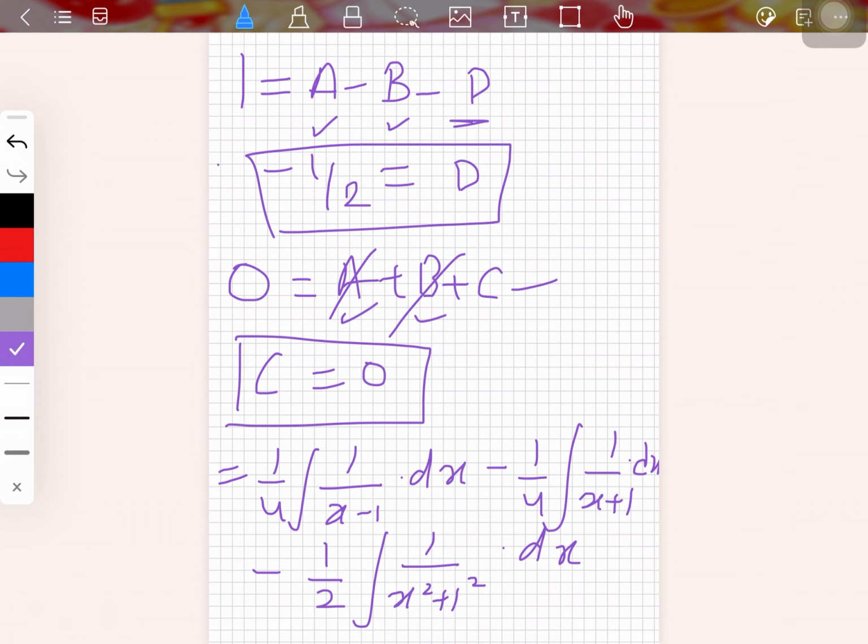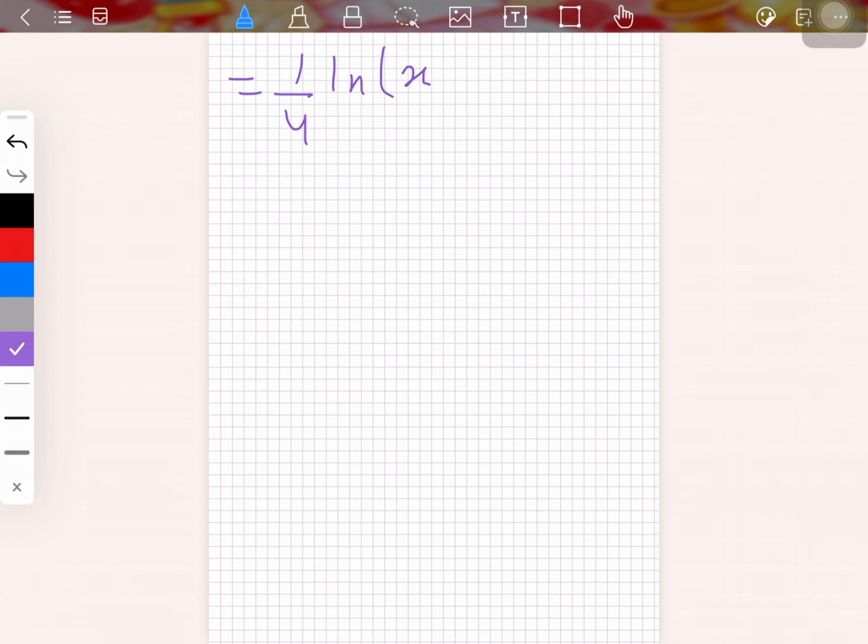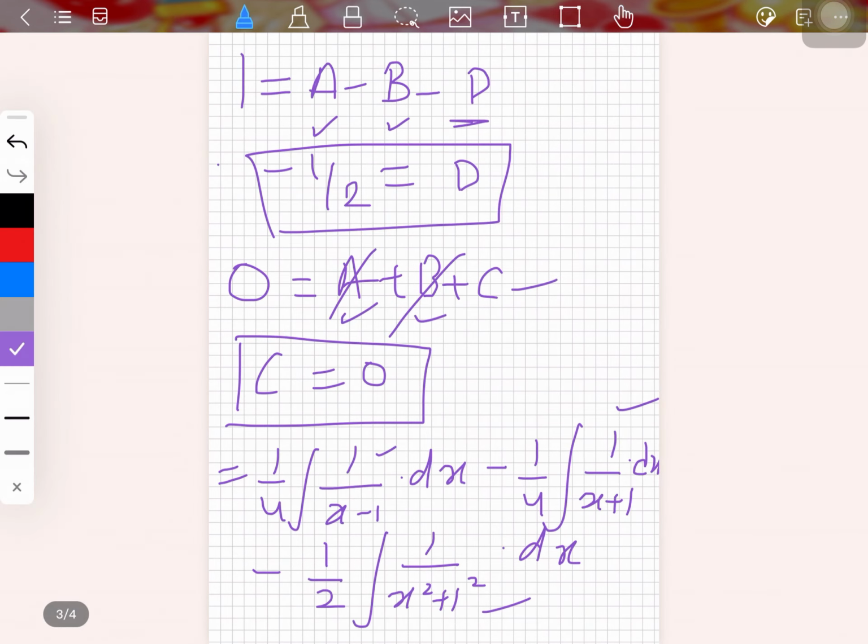So the answer for this will be coming in logarithm form, this as well in logarithm form, and this in the form of tan inverse. So 1 over 4, I'm going to skip one step to see if you guys remember it. Here we will get log x minus 1 minus log x plus 1, taking 1 over 4 common.